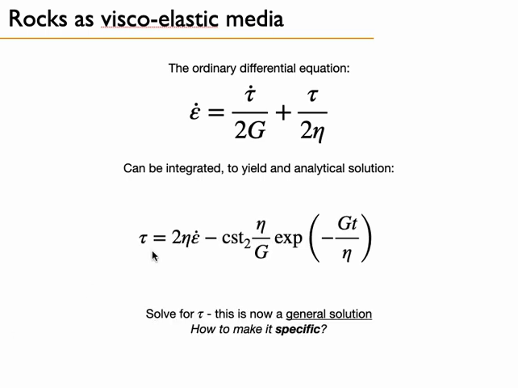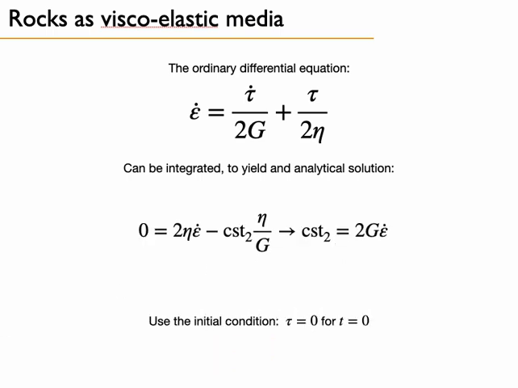So we have a general solution here for the stress as a function of time and material parameters, and also applied strain rate. What we're missing now is we need to make this solution specific. We have a constant here in the middle, so let's use an initial condition to solve for the constant.